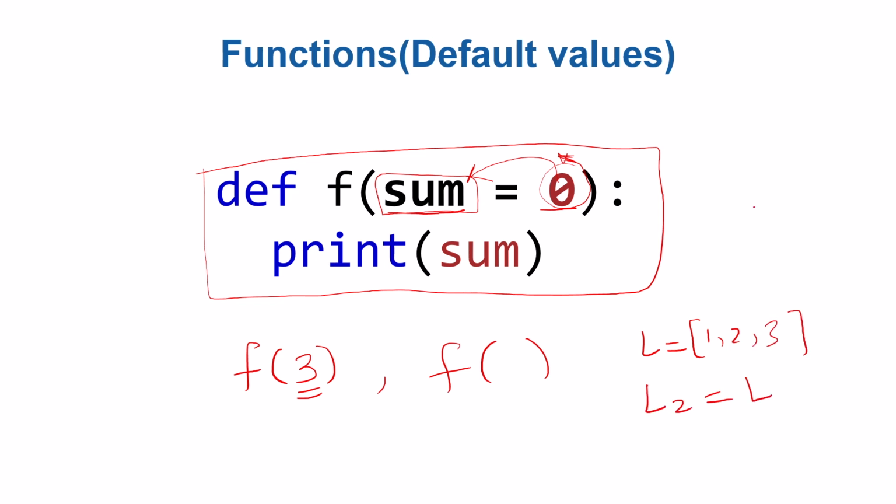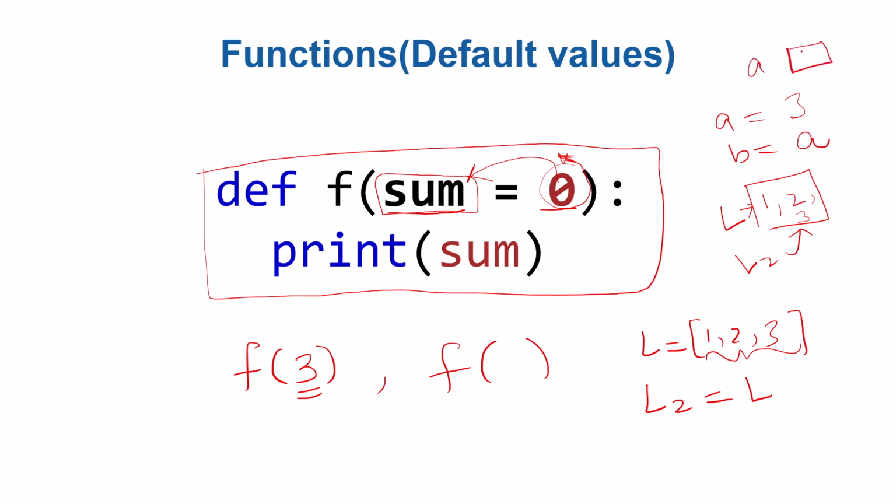What will happen is, in memory, this is not the exact view of the memory, I'm just showing you, let's say this is the particular memory layout that L is pointing to. This L is a label for that. L2 is also a label for that, which means in memory, this is not a copy of the structure that is made. This is not like with variables, for example, if A is equal to 3 and B is equal to A, A will be a position in memory and B will be a separate position in memory.